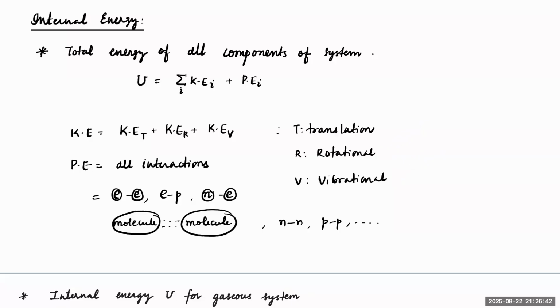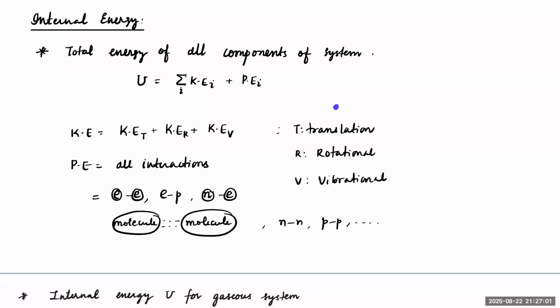Translational means a particle is moving from one point to another point. What is the speed with which it is moving, and what kinetic energy is it carrying? That discussion is about translational kinetic energy, right?